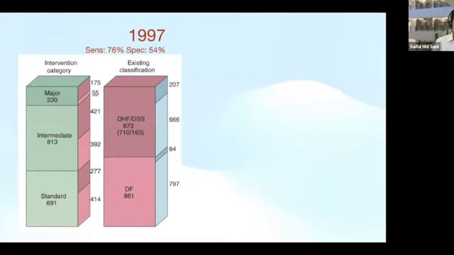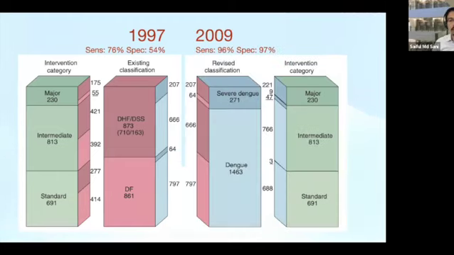That's 1997. How about 2009? The Dengue study group found that the 2009 criteria is very congruent with clinical management of patients. So the sensitivity was 96%, the specificity was 97%.